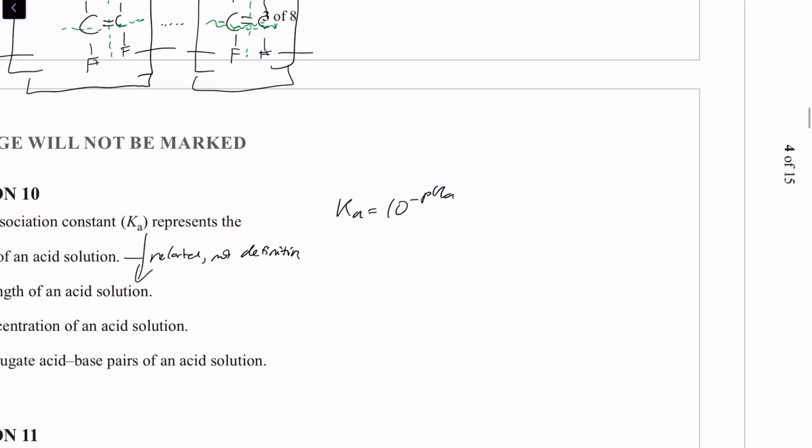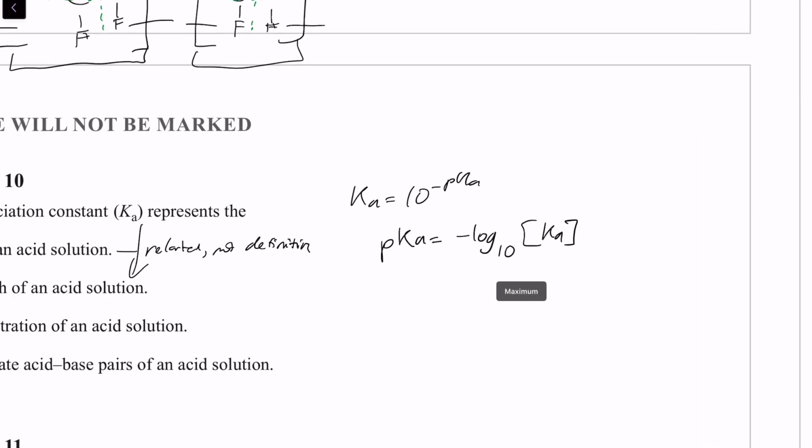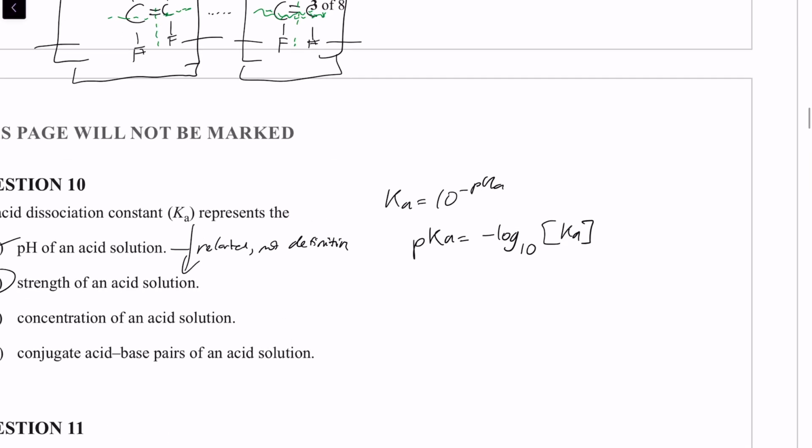We have pKa equals negative log base 10 of Ka, sort of concentration or constant. And so if we just divide by -1 on both sides to get rid of this negative here, from the log we have negative pKa equals log base 10 of Ka.